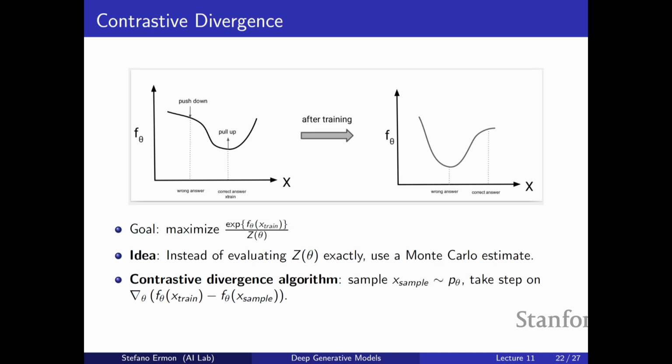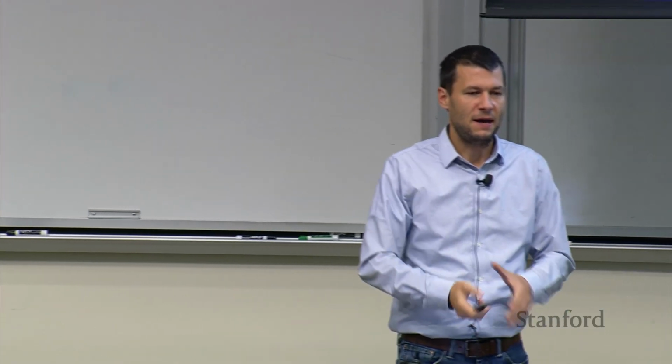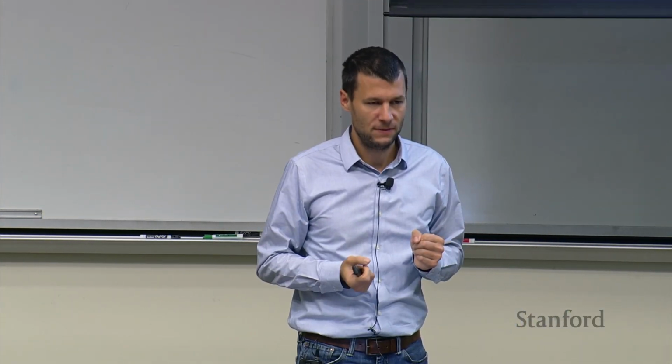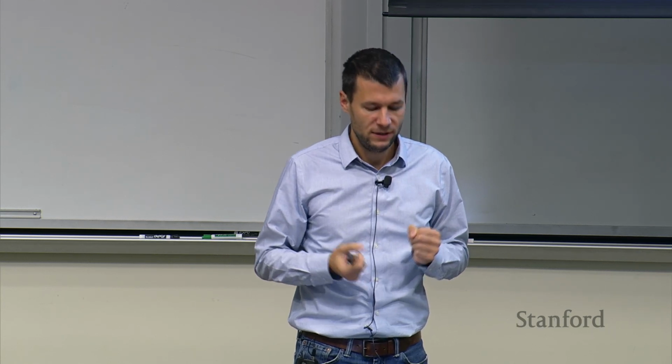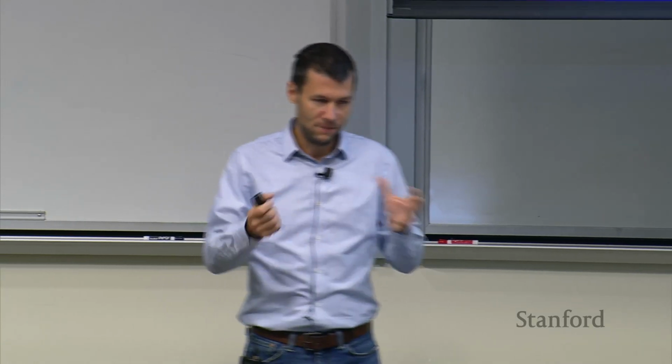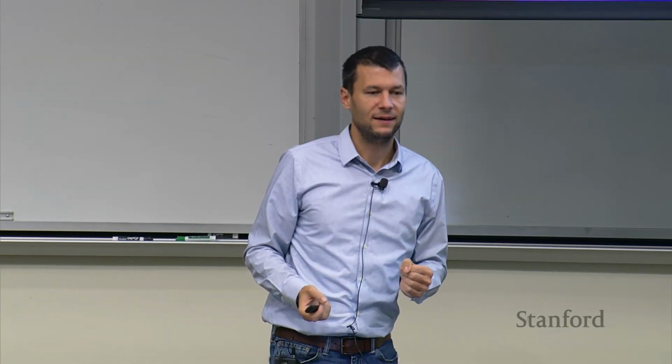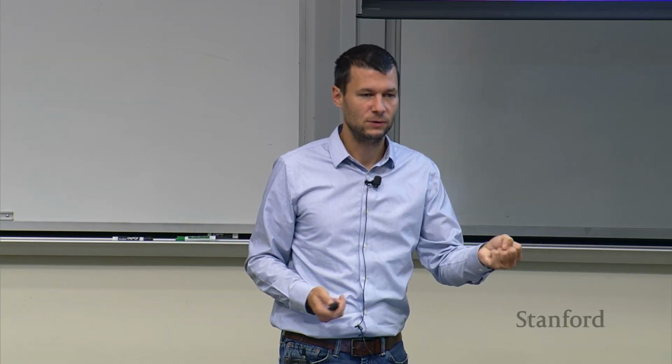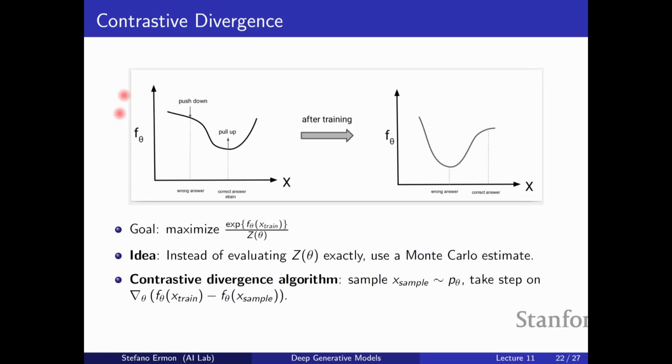How do we know that the sample we get is wrong? Yeah, so the sample is not necessarily wrong. It's just something else that could have come from the model. We're considering it as a representative sample of something else that could have happened if you were to sample from the model. So we want the probability of the true data point to go up as compared to some other typical scenario that you could have sampled from your model.